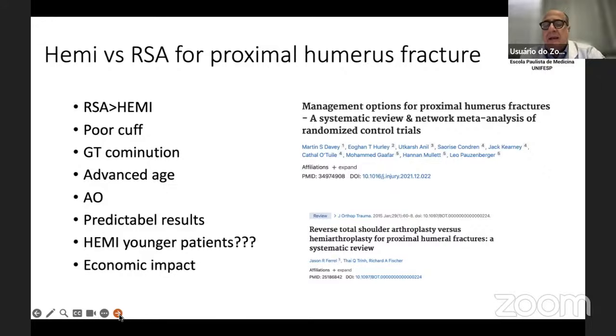You can go back, so maybe think about a kind of staged treatment, doing a hemiarthroplasty with a stem for fractures, convertible, and later, if needed, you can do a reverse. And now we know we have this economic impact of use of this implant in our country here in Brazil. We don't have access for all the patients, mainly in the public health system.